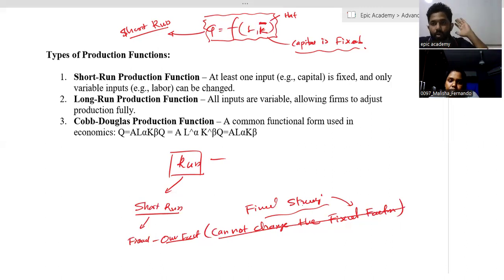There's no large revenue, so you cover the wage rates and salaries for the workers only. You think that you need to change the building. Unfortunately, you cannot do it. Why? Because you don't have enough money to do that. That is why one factor is going to be fixed.